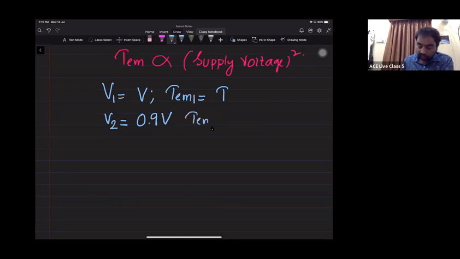Then what happens to the magnitude of this electromagnetic torque? Electromagnetic torque is directly proportional to V square.